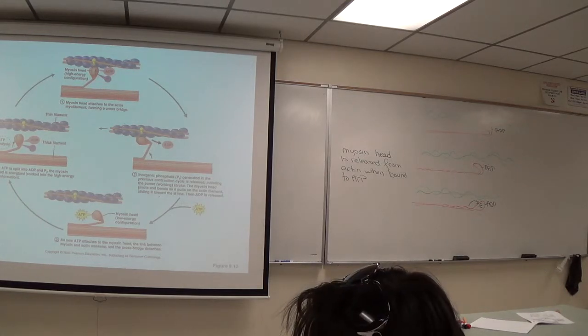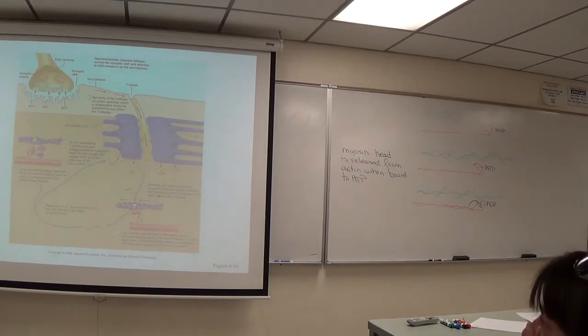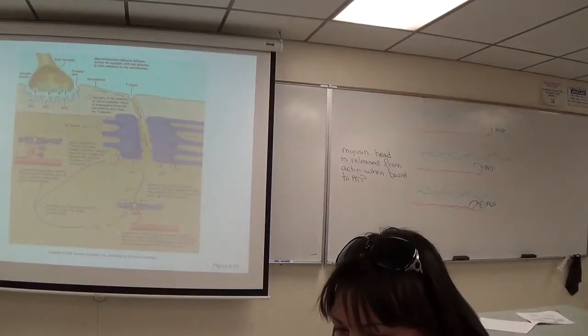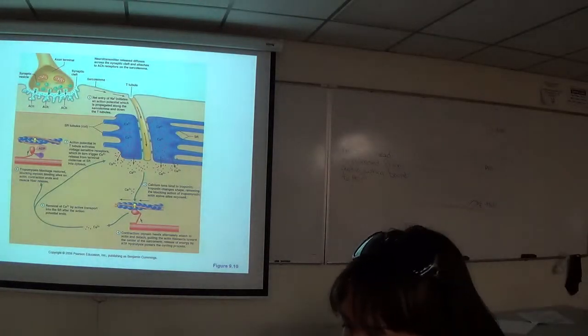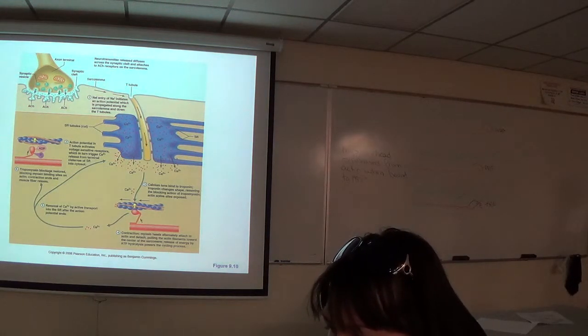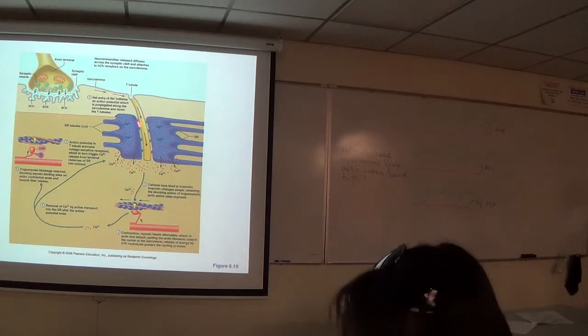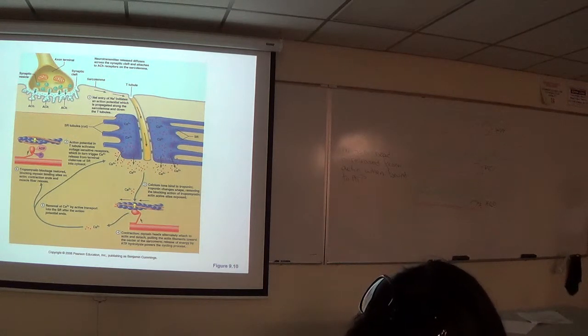Now, as I indicated, to get the muscle to relax, we have to go in reverse. We have to get the calcium back into the sarcoplasmic reticulum. Well, that's not going to happen as long as the voltage-gated channels are open. And the voltage-gated channels aren't going to stay open as long as action potentials are traveling down the transverse tubule.